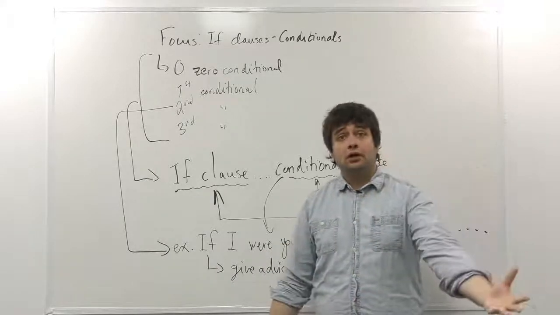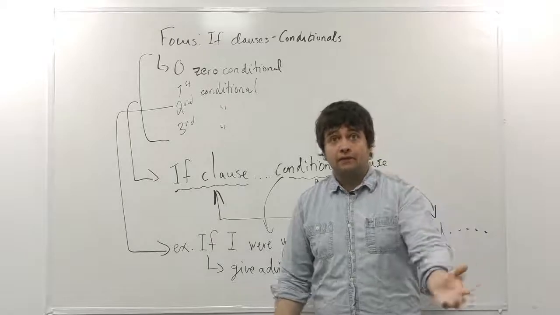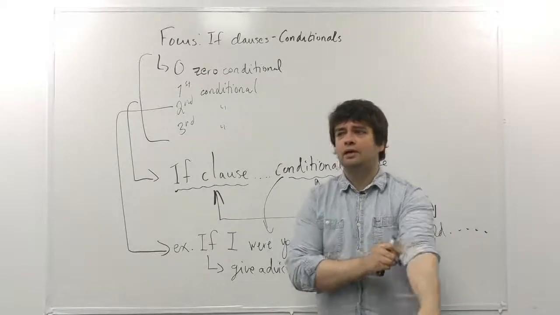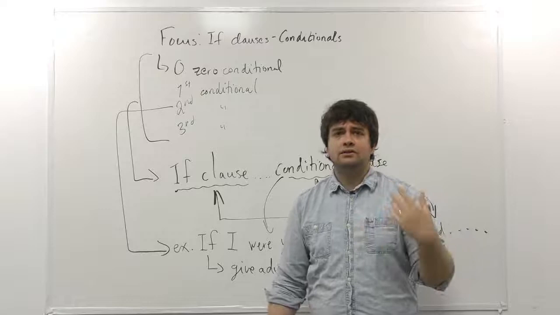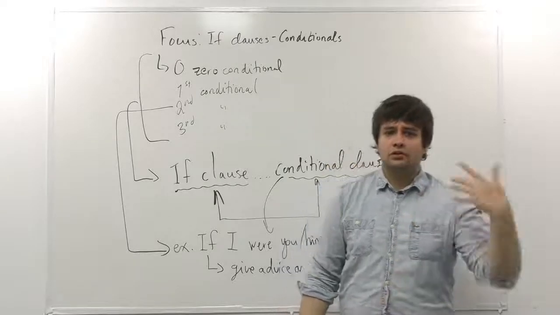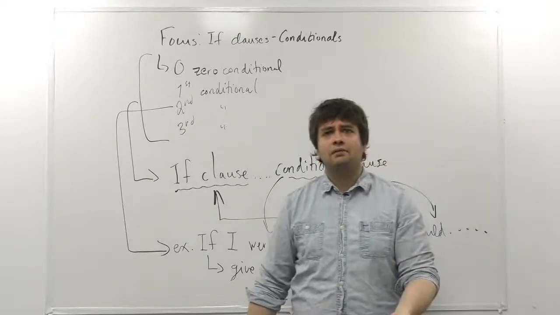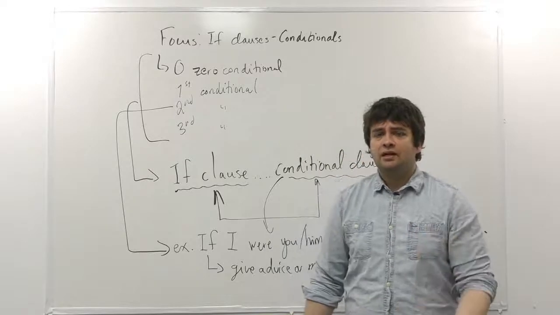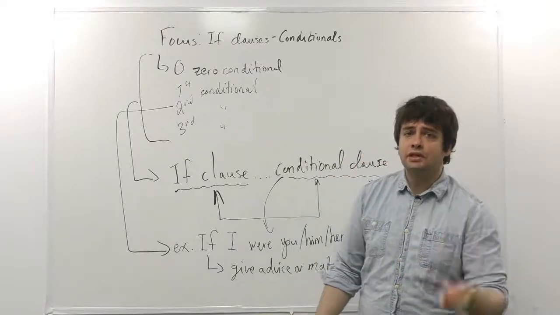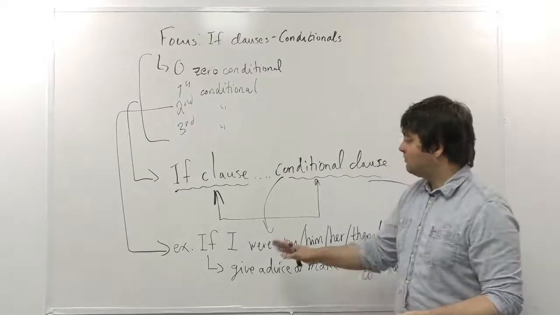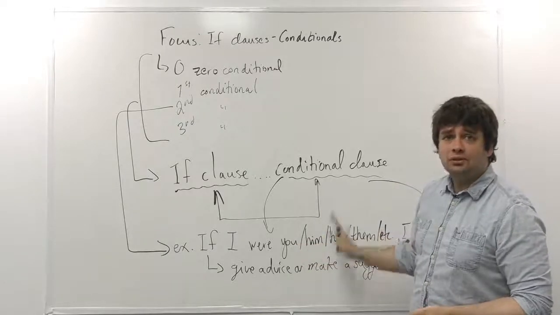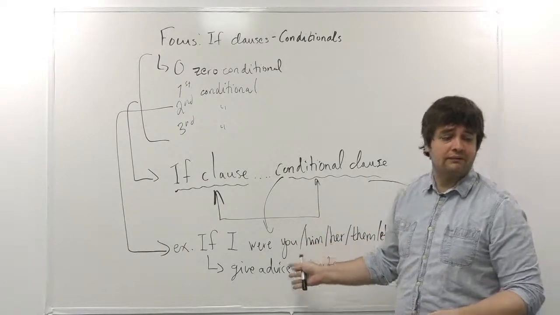So your good friend John is a smoker, right? John's been smoking for a long, long time, right? John's 35 now, and he's always coughing, and he always looks sick. And you think it's because of his smoking. So you say to John, hey, John, if I were you, I would quit smoking, right?